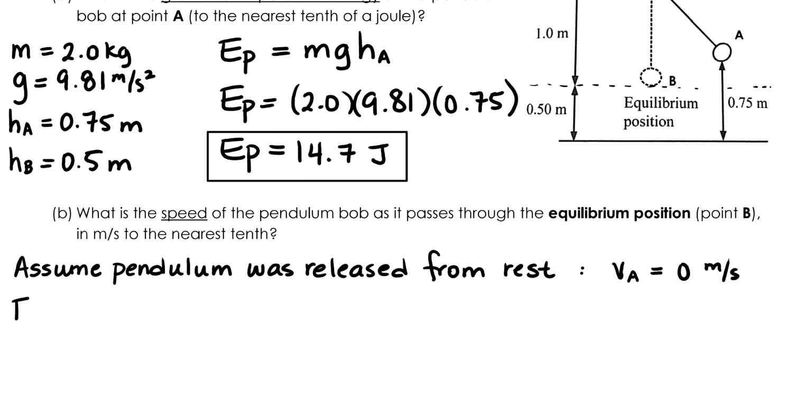In this case, we're looking for the speed at the equilibrium position, or VB, the speed at the bottom of the swing. Please pause the video here while you try this question, using the same law of conservation of energy formula that we've used in the past. Except this time, we're comparing point A to point B on the swing of a pendulum instead of the track of a roller coaster.